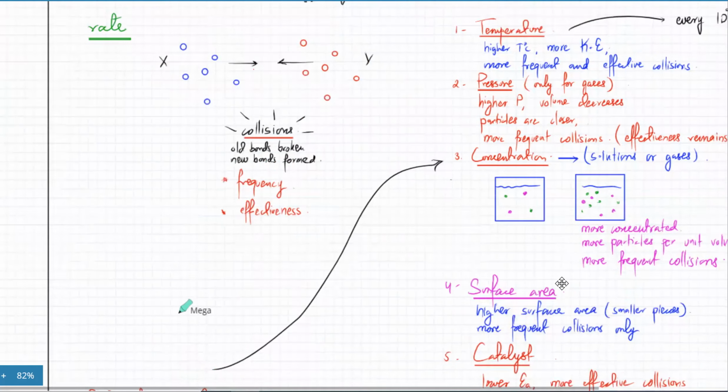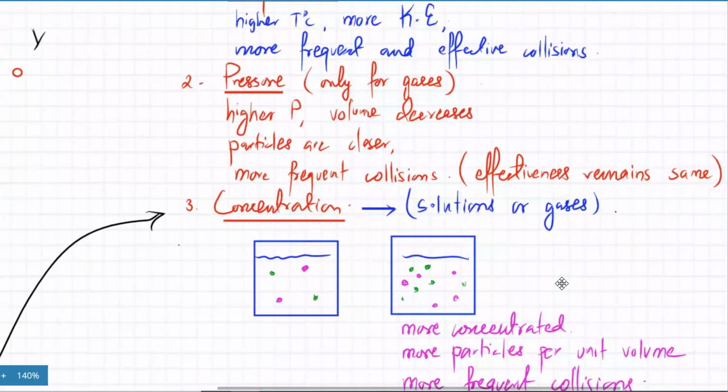But remember, for pressure, I can say that pressure and concentration are directly proportional. Like if a gas has more concentration, it's obviously going to have more pressure as well. So concentration and pressure are linked, but pressure is only applicable for gases. If I remove this, they're gases, no longer a solution.